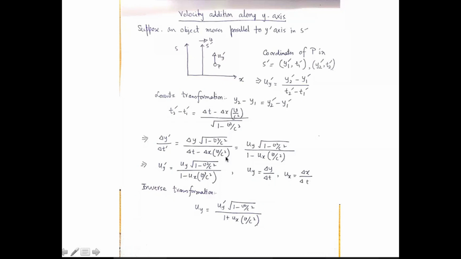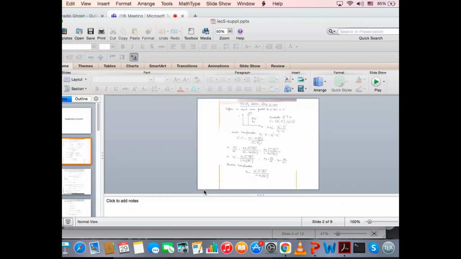So uy in the S prime frame, the component of the velocity, is related to the component of velocity in the other frame in this way. And you can get an inverse transformation nicely. This is the relation. So with this, we are now going to look at our collision problem.